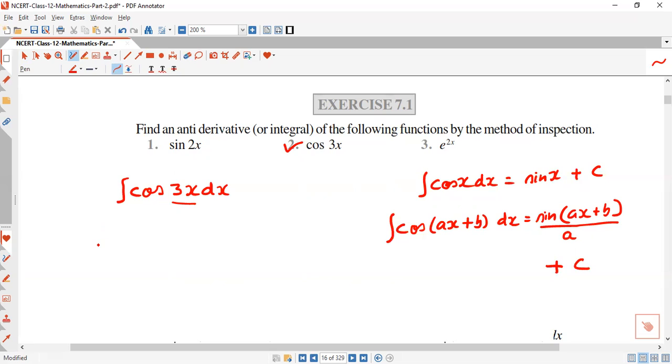So here the integration comes out as sin 3x, and since the coefficient of x is 3, it is divided by 3, plus some constant c.